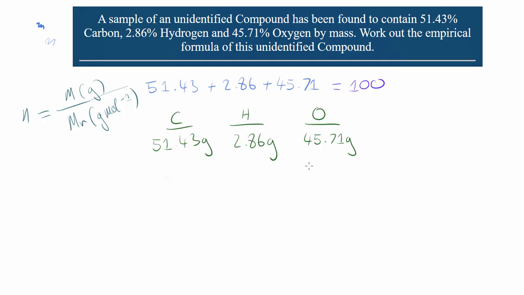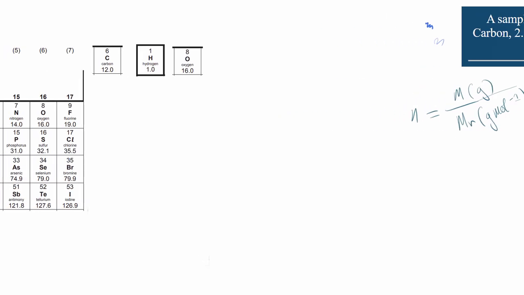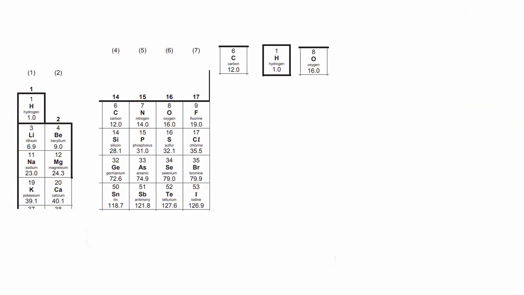We need to get the molar masses and use those to get to the molar quantities that we can use to establish an actual ratio that we can work with. So in order to do that, we're going to take a look at the periodic table. I've got some excerpts from the periodic table here, and the relevant ones: carbon, hydrogen, and oxygen.